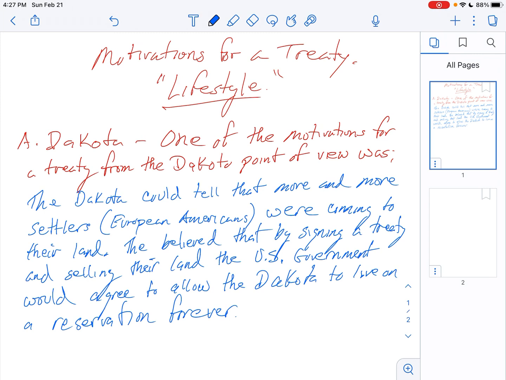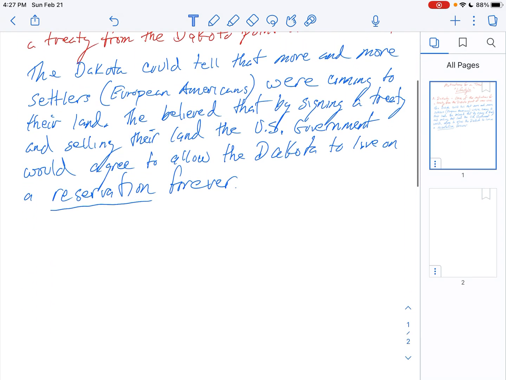That's one of the terms of their agreement. The Dakota said they would not sign their land unless they got a place to live on. And that place to live on was called a reservation. And that's what the government agreed to give them. So that was one of the reasons why the Dakota agreed to sell their land. Okay? So that's the Dakota point of view.